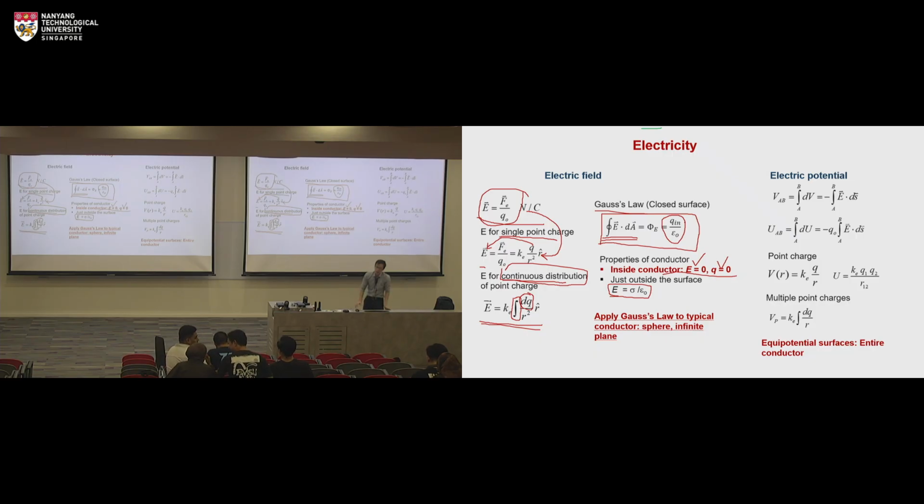So here, when it comes to determine E based on the Gauss's law, all you need to be able to handle are these two scenarios: a charged sphere and an infinite charge plane. These are the only two scenarios you need to be able to handle.